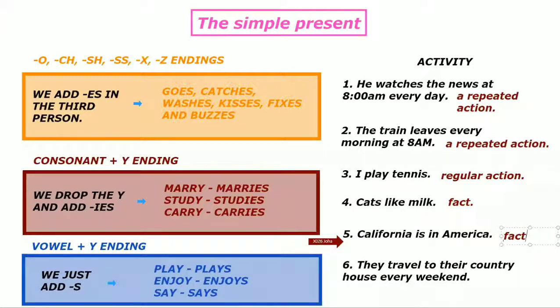So that's why we use the simple present tense. And the last one is they travel to their country house every weekend. So what's that? Very good. This one is a habit. A habit. Great, a habit.